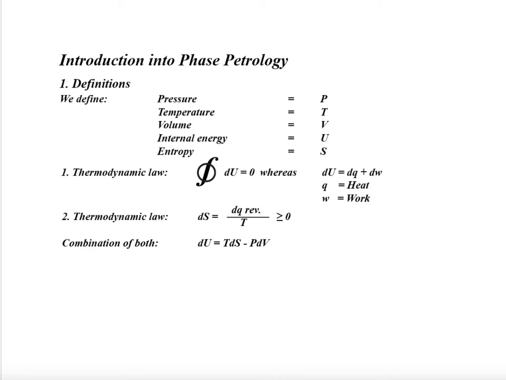Then we have the entropy, which is the order or disorder of a phase, and that has the shortcut S. For example, in our system H2O, when we are heating up water, the disorder of the liquid water becomes higher.